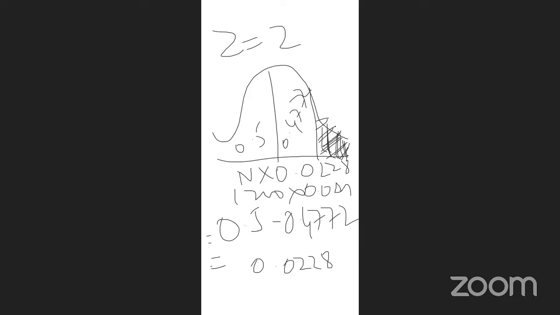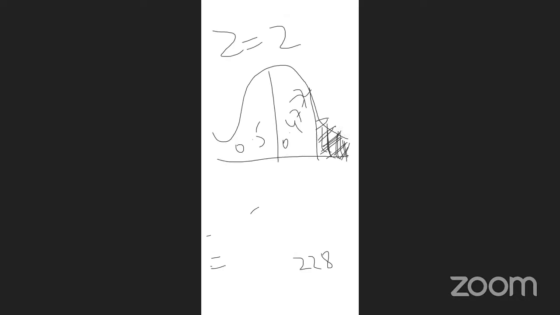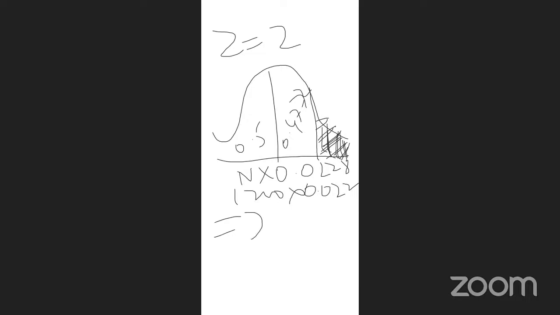How much is the value which you are getting? Can anyone say? What is the value you are getting here? So 1200 into 0.0228 is 27.36. So it is 27.